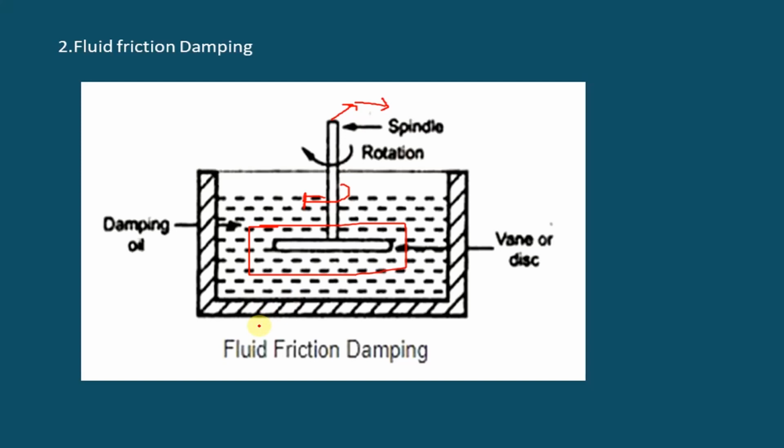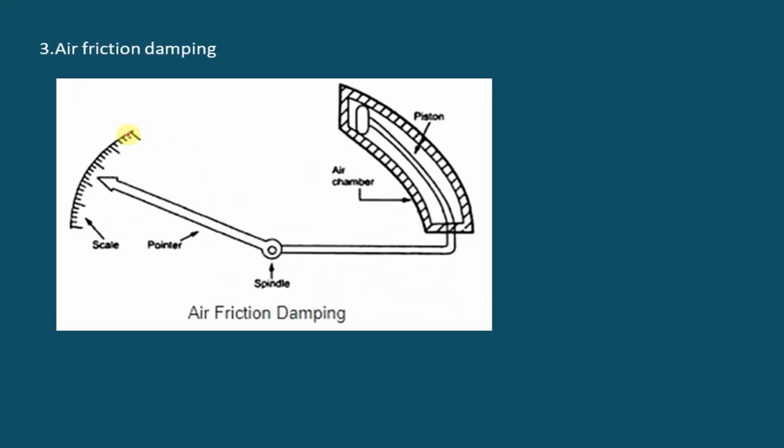Now let's go to the next type of damping system. This is called the air friction damping system. The same thing here, it is a pointer. Here is the scale. Let's suppose the pointer is going in this direction. The piston direction will be like this, backward. So the volume of the air present here will be decreased.